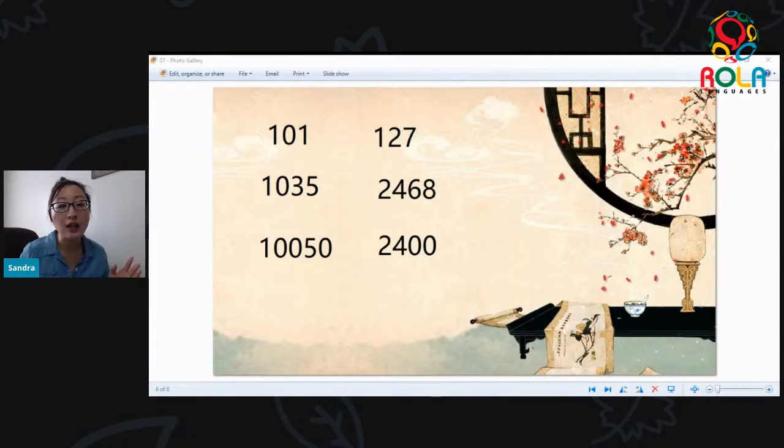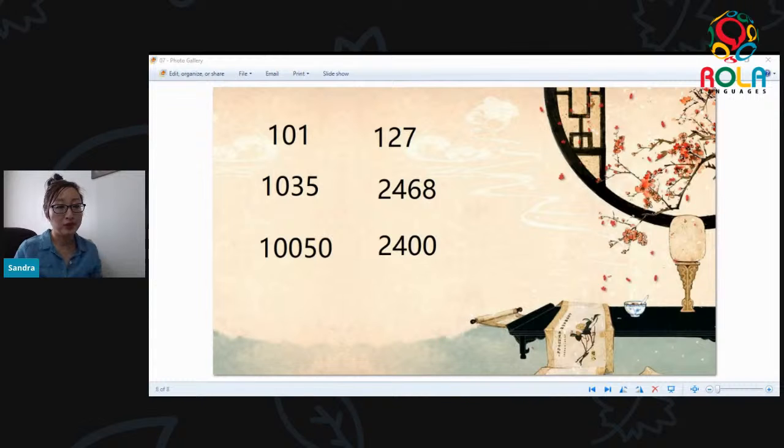And the next, last but not least, we have 2,400. That's okay. Here's why I put it there. This is 2,400. Some people might ask, okay, where are these zeros gone? Like you keep saying that you have to read out the zeros. Okay, here's the thing. When the zeros are at the end of the numbers, they basically mean nothing, right?